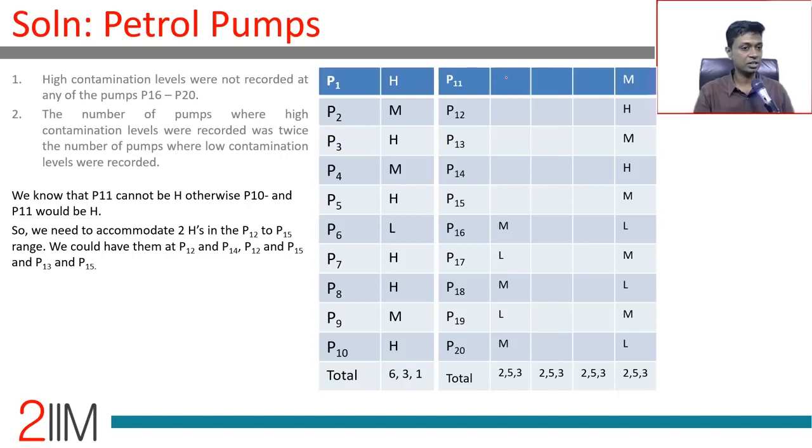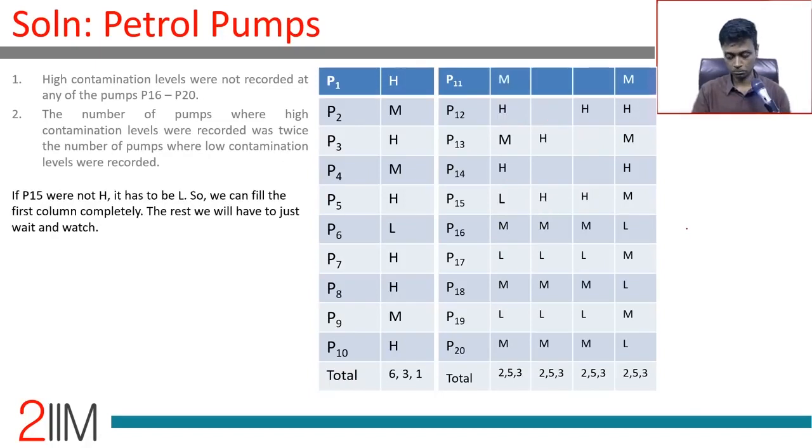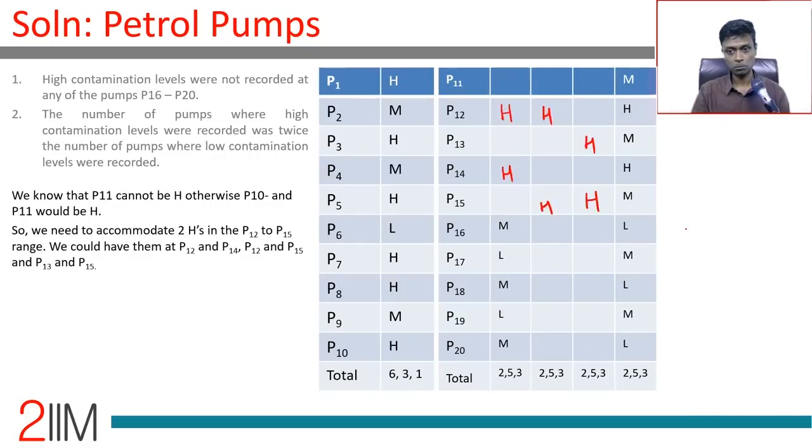P11 cannot be H. So P12 can be H. If P12 is H, P13 cannot be H. P14 can be, or we could have this, or we could have this. These are the 3 possibilities that we have. H and H in 12 and 14, H and H in 12 and 15, H and H in 13 and 15.